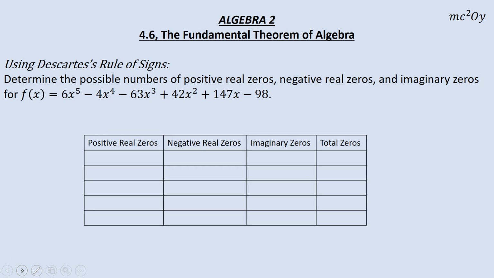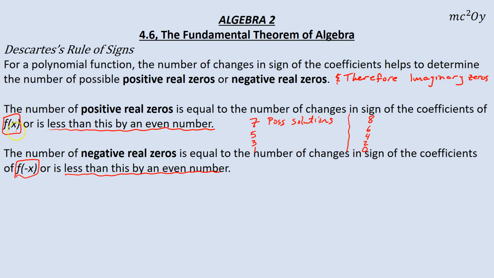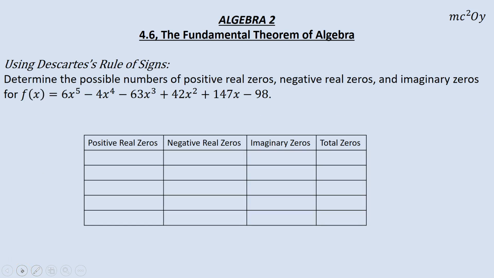So here's a polynomial. We're going to determine the possible positive real zeros, negative real zeros, and imaginary zeros for this function. First thing you need to do, they already tell you f of positive x, which gives you the positive real solutions. So all you're really doing is looking for sign changes of your coefficients. You have a positive 6, then a negative 4.